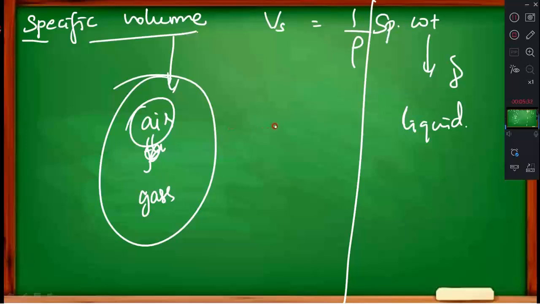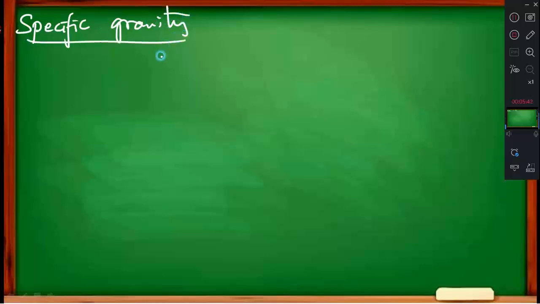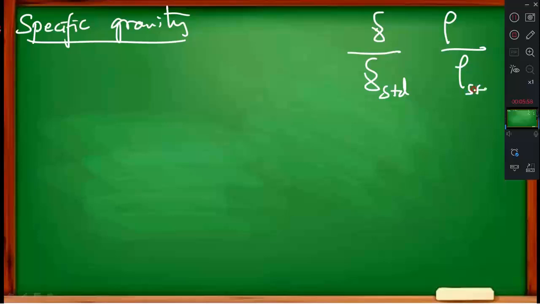Next, specific gravity. Specific gravity is a comparison of two densities. Your substance density or substance unit weight you are comparing with some standard density. Then this is your specific gravity.